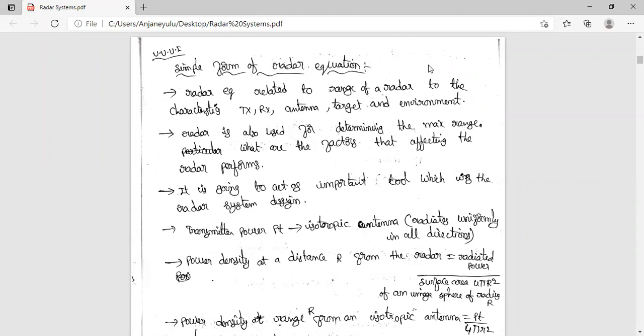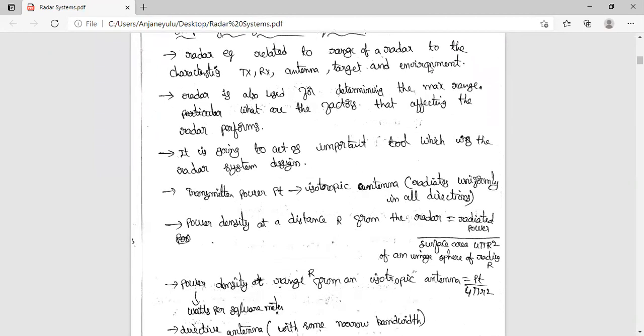It is also used for determining the maximum range and the factors affecting radar performance. It acts as an important tool in radar system design.